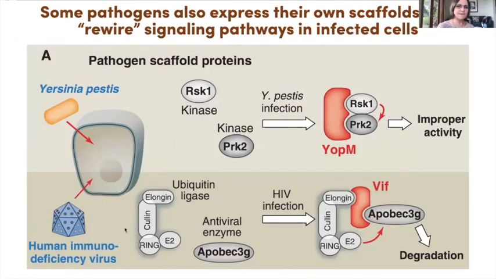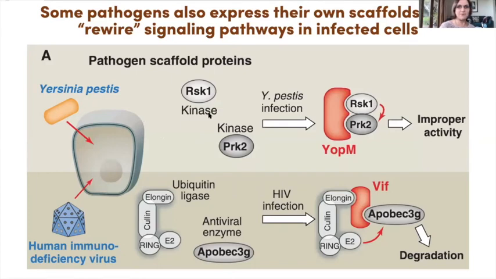This just highlights something that I think is really cool, and maybe we'll talk about more in talking about infectious disease, but many pathogens manage to leverage scaffolds for their own benefit. And these are just two examples of scaffolds. In this case, YopM is a protein expressed by Yersinia pestis, the bacterium that causes bubonic plague.